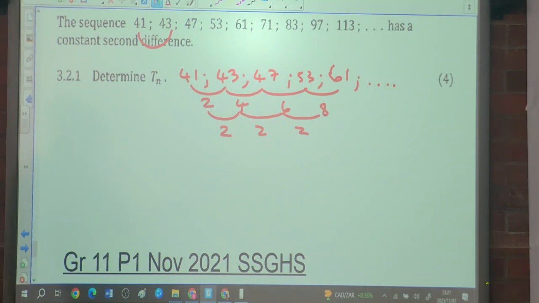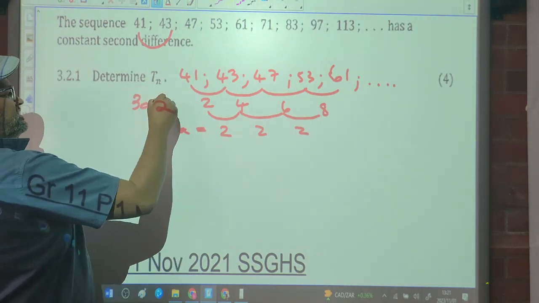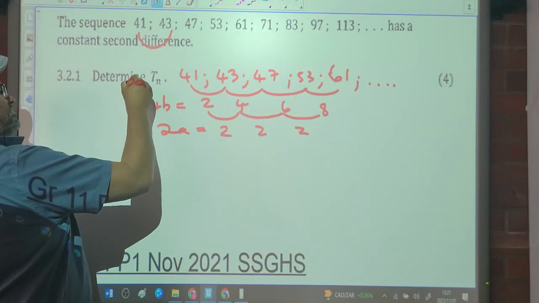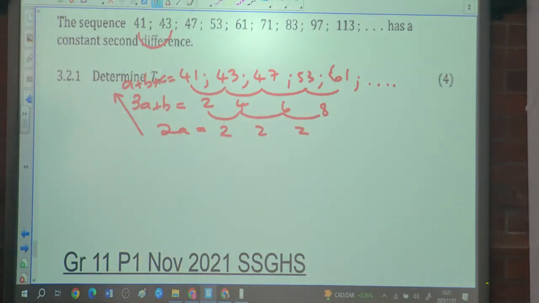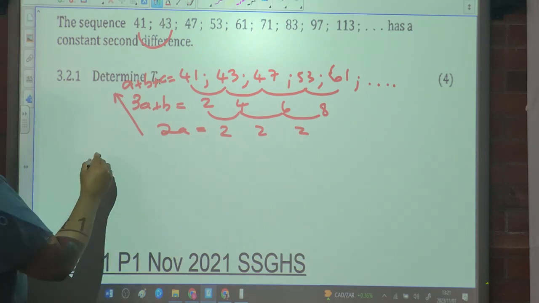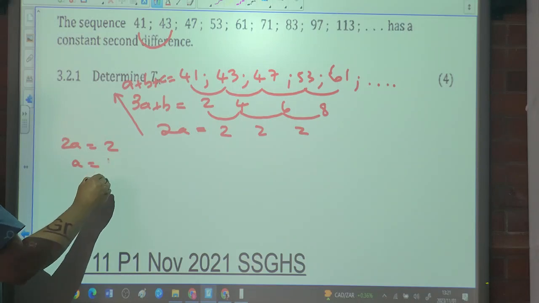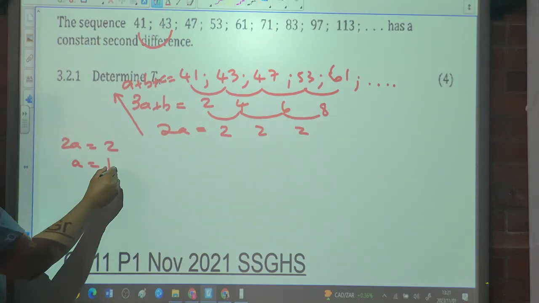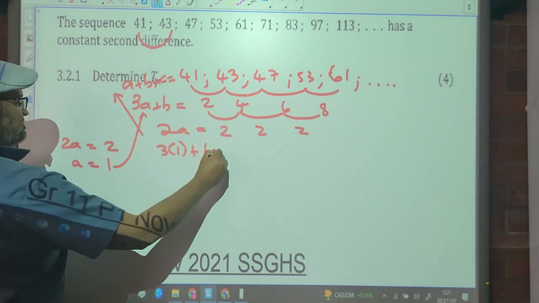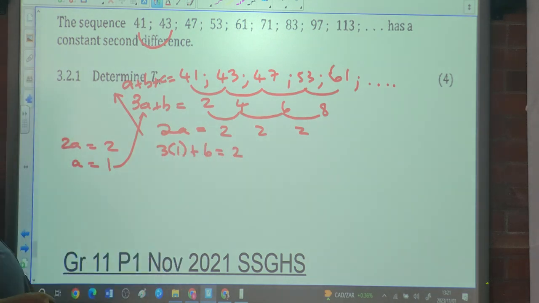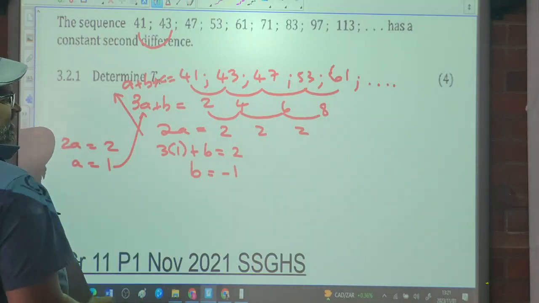So since it's quadratic, what do I write on the side? 2a, 3a plus b, a plus b plus c. Remember they asked you to work out the general term. So 2a is equal to 2, so a is equal to 1. So 3 times 1 plus b is equal to 2, so b is equal to 2 minus 3, which is negative 1.